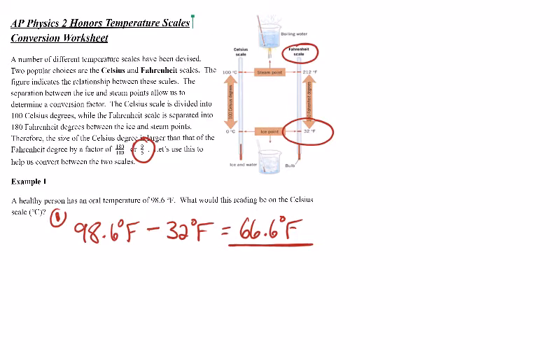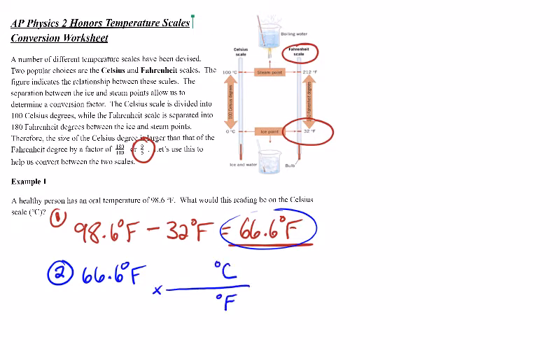Step number two is we're going to use this answer and do a conversion factor, where now I'm going to put degrees Fahrenheit on the bottom and degrees Celsius on top because we're trying to change into Celsius. I'm looking for how they're related. Where does that come from?